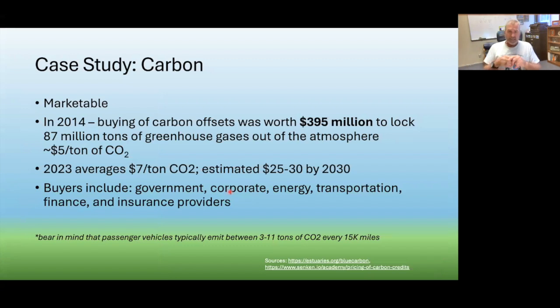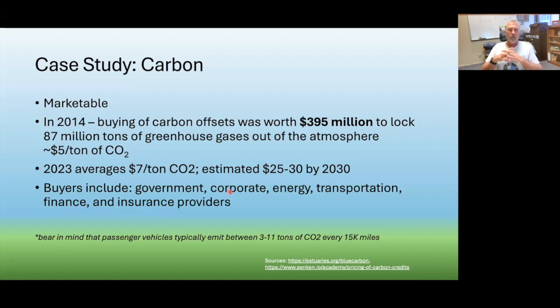So this is marketable, as I said, and if you look at just 10 years ago, carbon offsets were about a 300 to almost $400 million market, locking up about 87 million tons of greenhouse gases out of the atmosphere. So that worked out to about $5 per metric ton of carbon dioxide.